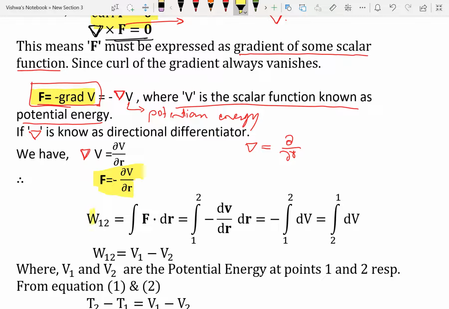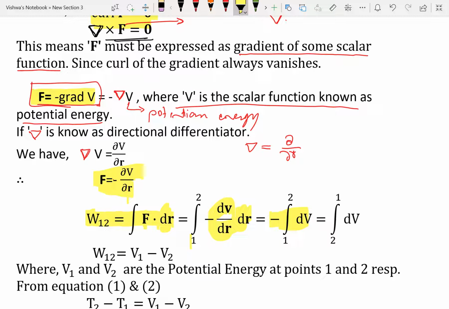So work done is equal to integral of F dot dr. Here F is force. Now the force value is what? It is minus of dou v by dou r. So in terms of differentiation, we are taking dv by dr. Again dot dr, it is dr. The limits are position 1 to position 2. So here dr, the remaining is minus of integral of dv.